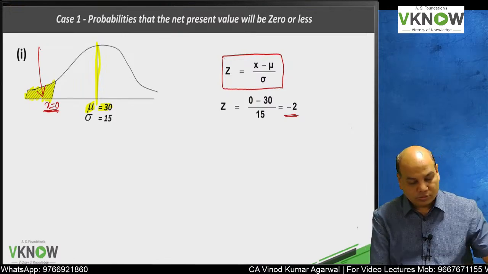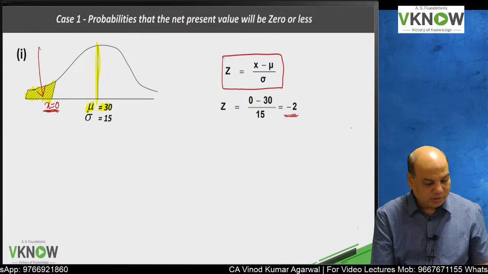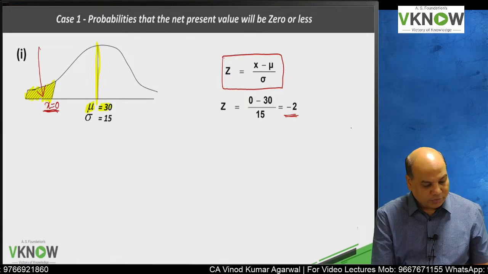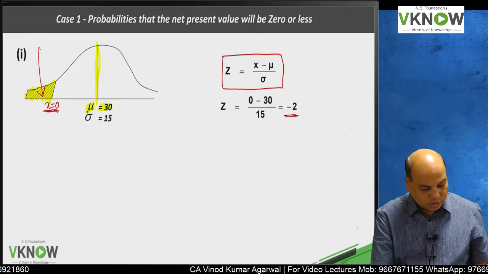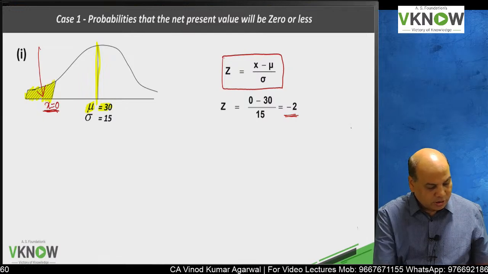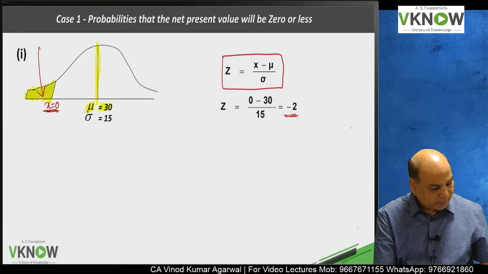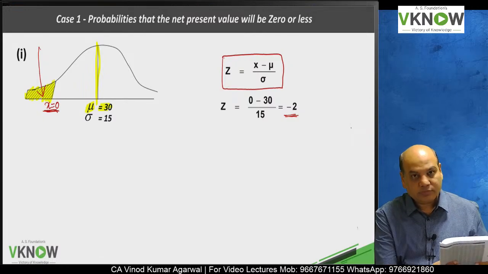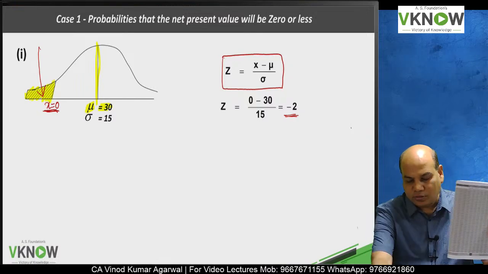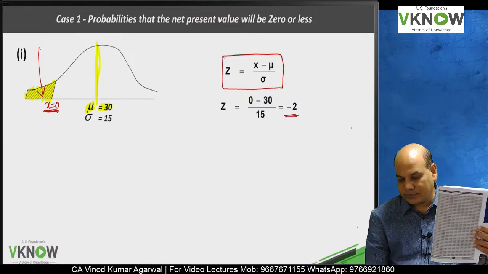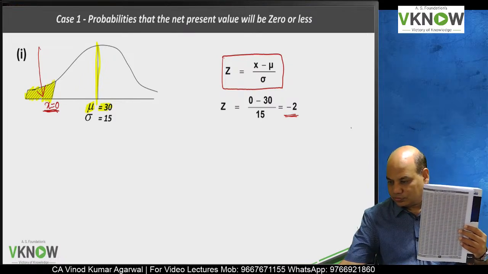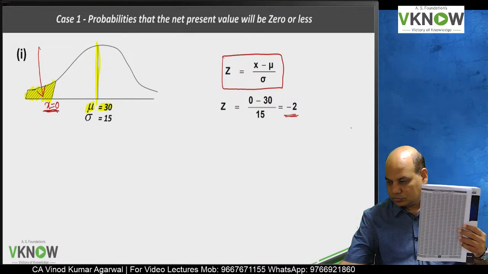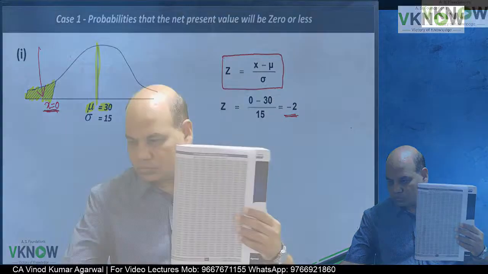Now you will come to the normal distribution table at the end of the book. At the end of our booklet we have a normal distribution table. Can you see this normal distribution table?